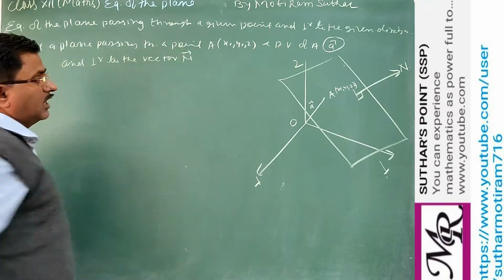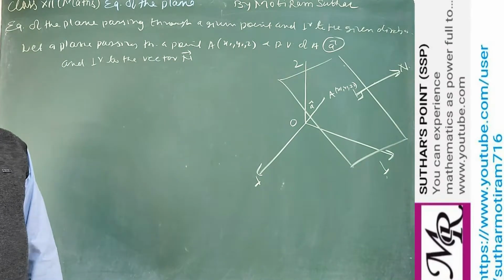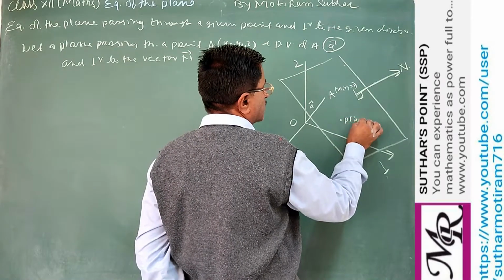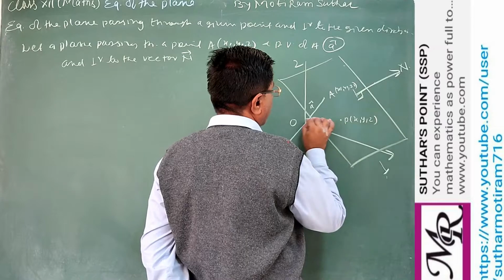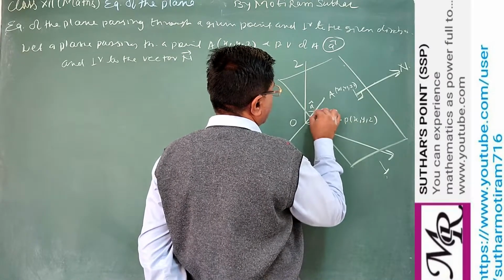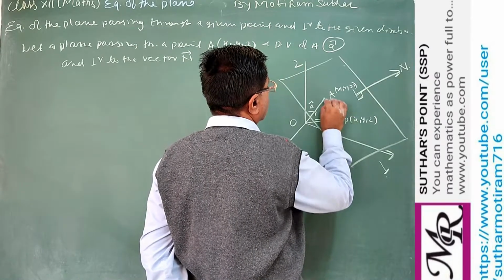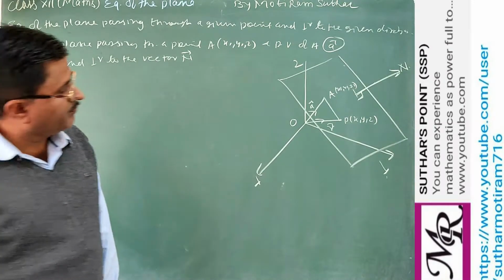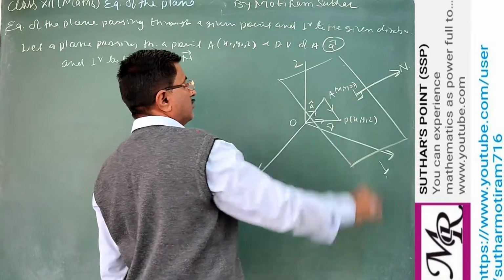These two things are given. So we take a general point P here for the equation. For an equation we always take a general point. So we join A to P.